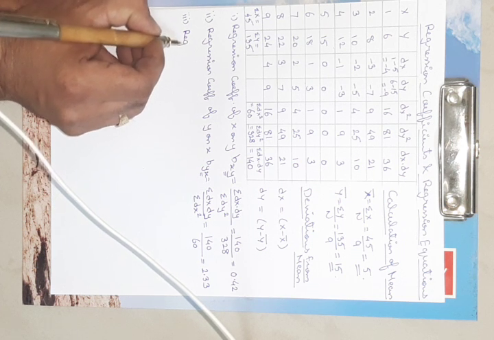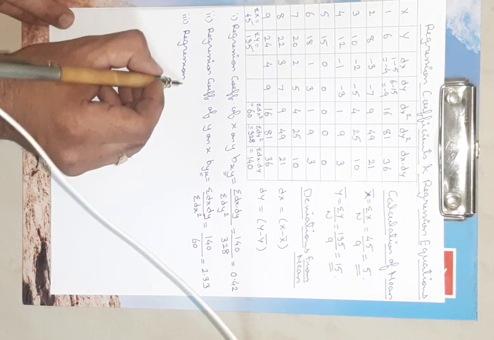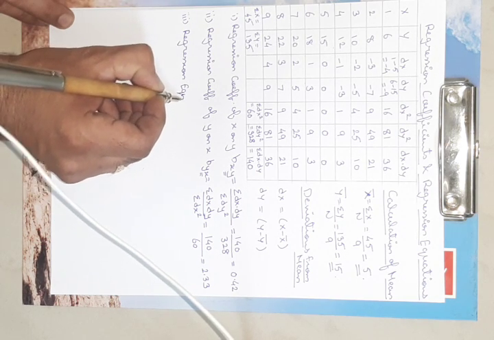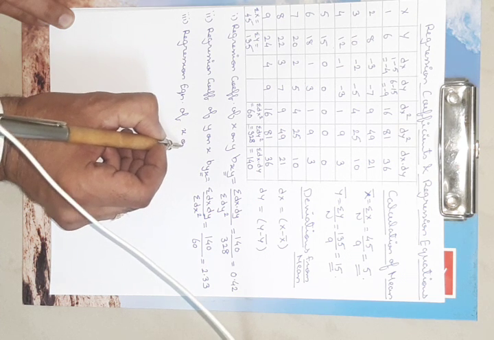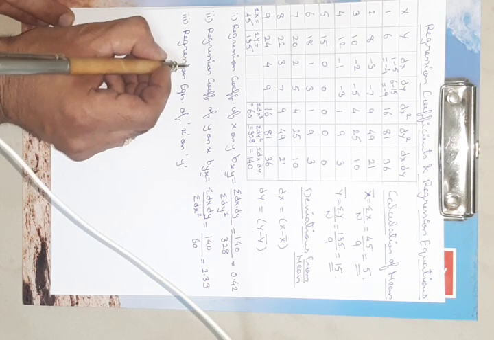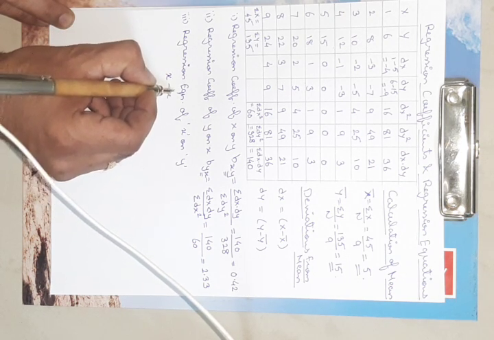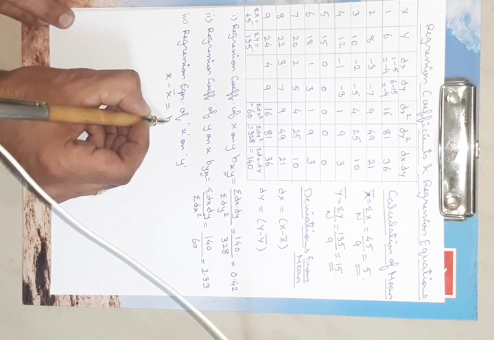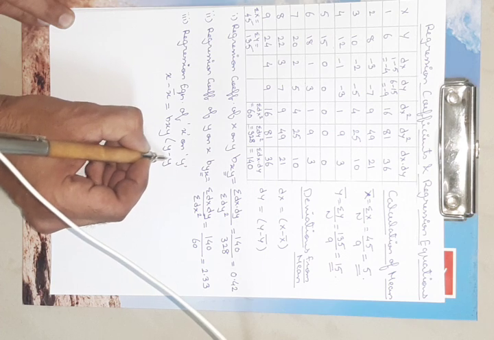Again the same thing, the regression equation of x on y. The formula is x minus x bar is equal to bxy into bracket y minus y bar.